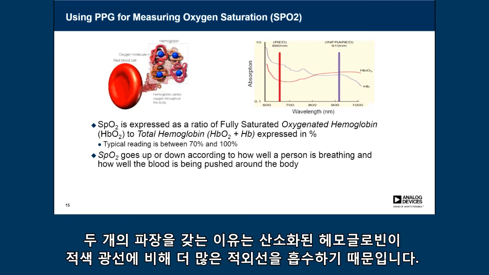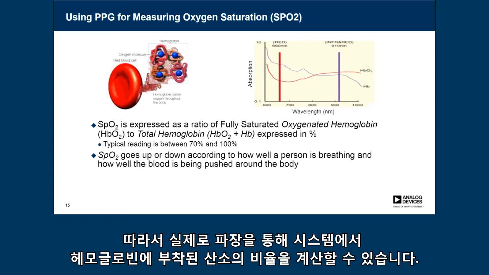The reason for having two wavelengths is that oxygenated hemoglobin will absorb more infrared light compared to red light. So with two wavelengths, you can calculate the percentage of oxygen attached to the hemoglobin in your system.